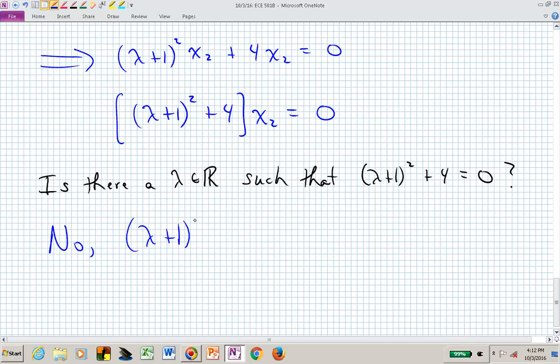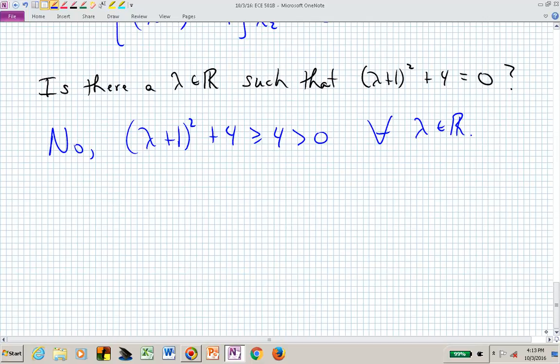Lambda plus 1 squared plus 4 is always greater than or equal to 4, and greater than 0 for real values of lambda. And we could sketch that. That's a quadratic function of lambda.